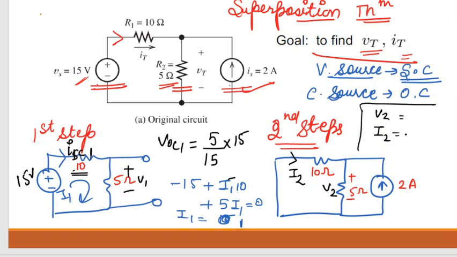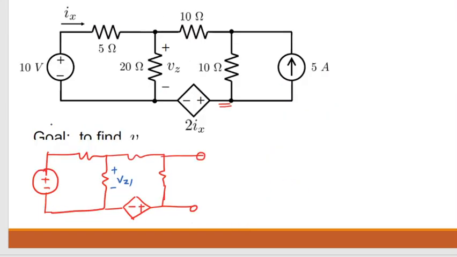You can use current division. Tell me the formula. I write it here. Now this is your first step. In the second step you will take current source, right? The voltage source must be short. Yes or no?